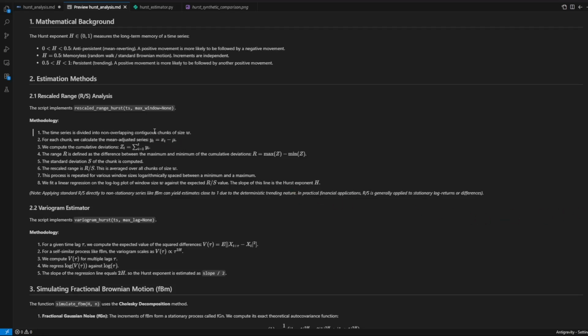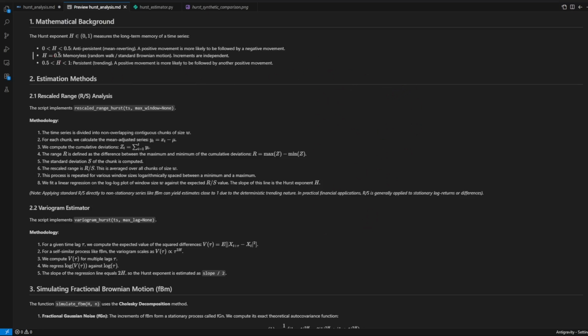Hello everyone, in this video I wanted to share with you a script that estimates the Hurst exponent using Python. For the background, we know that if the exponent is less than 0.5, it's considered anti-persistent or mean reverting, where a sharp upward movement is followed by a negative movement, so it's jagged.